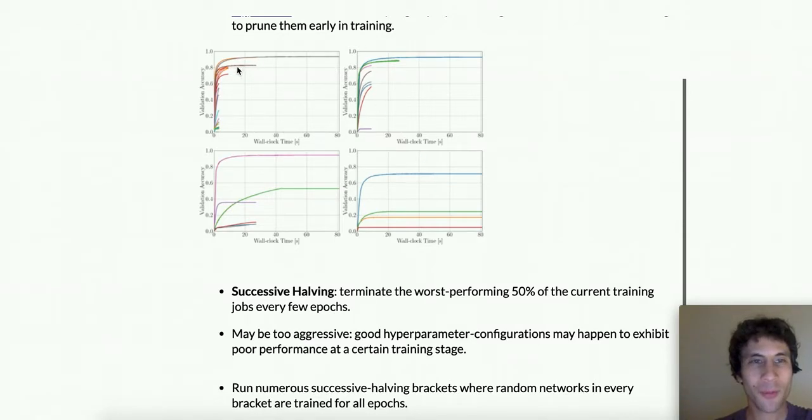In the first one, we're pretty aggressive, and we kill many, many of the training jobs early on. But we allow only the ones that even in early stages already displayed good performance to fully train. However, in subsequent brackets, we are less conservative now, and we allow more of these networks to fully train. For example, in the final bracket here, we let all the networks that remain fully train.